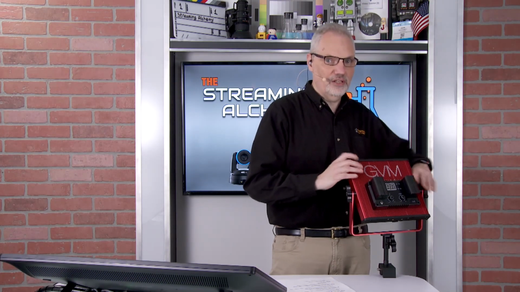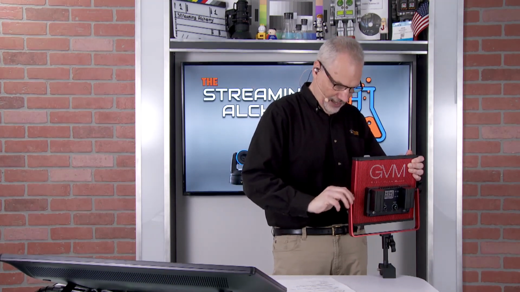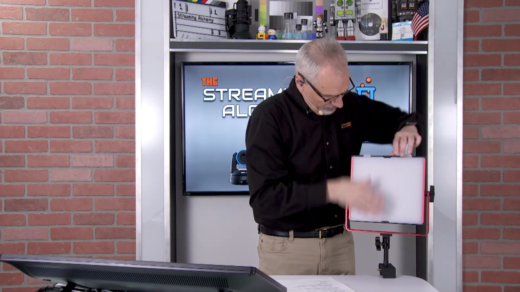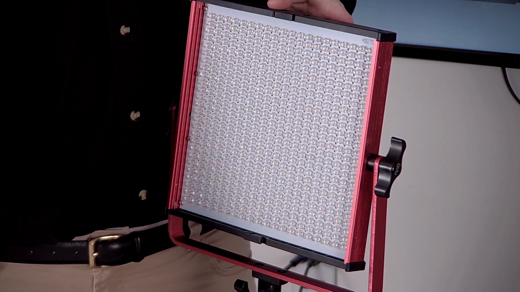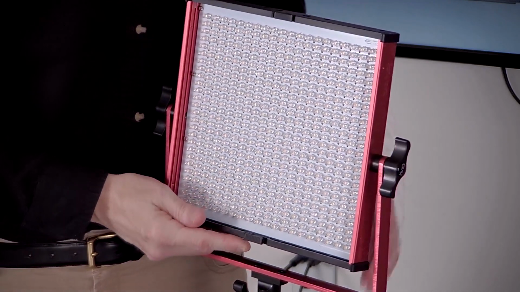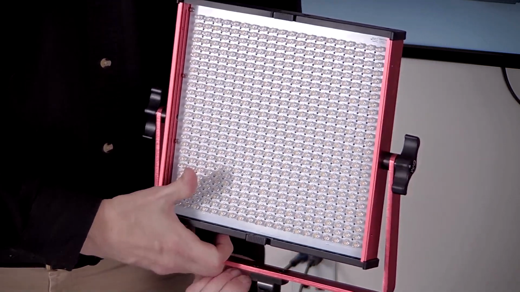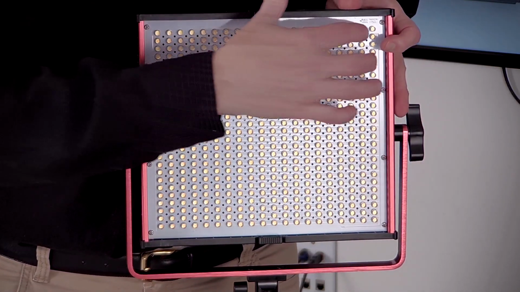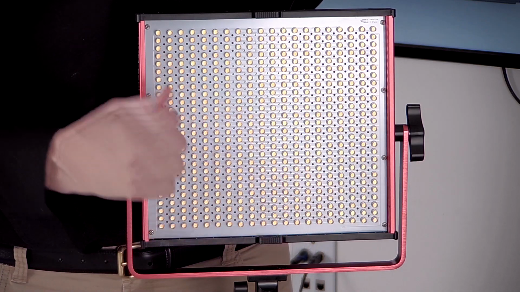And one of the things to be aware of is that when you have a light that can work across a range of colors, the way this operates, let me open this up here and show you. This light, even though it had a diffusion panel there, let me turn this around so you can get a better view. What we actually have here are individual LEDs that were sitting behind that diffusion panel.